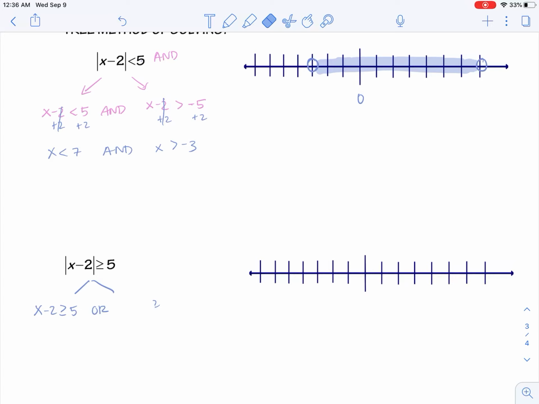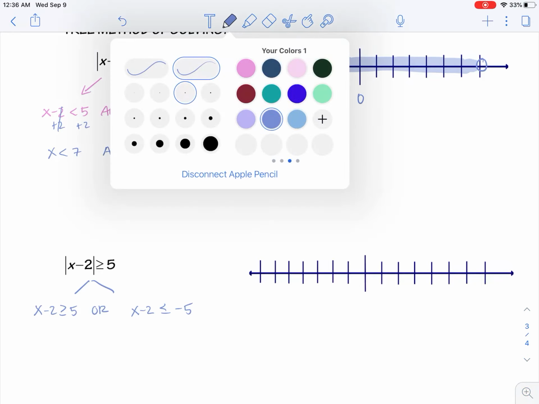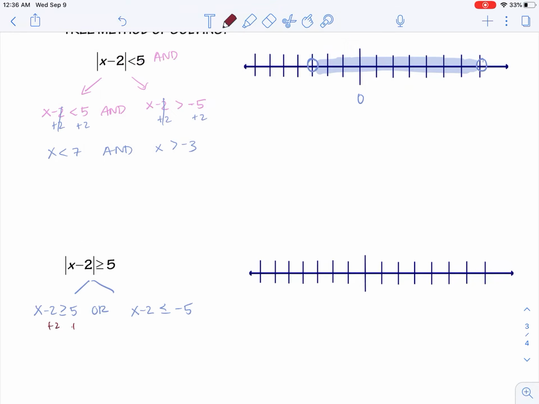So what we're going to really write is x minus 2 is less than or equal to negative 5. And you're going to solve that. Let's add 2 to all sides. X is greater than or equal to 7, or x is less than or equal to negative 3.